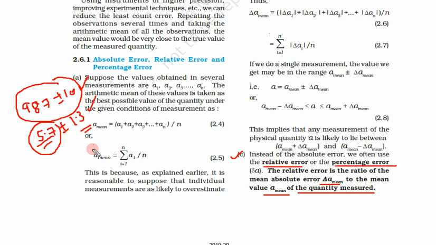That's why we do the relative error. If we calculate the percentage, maybe the person who got the lowest absolute error has the highest percentage error. So that is a much better way to calculate or to report errors in any quantity.